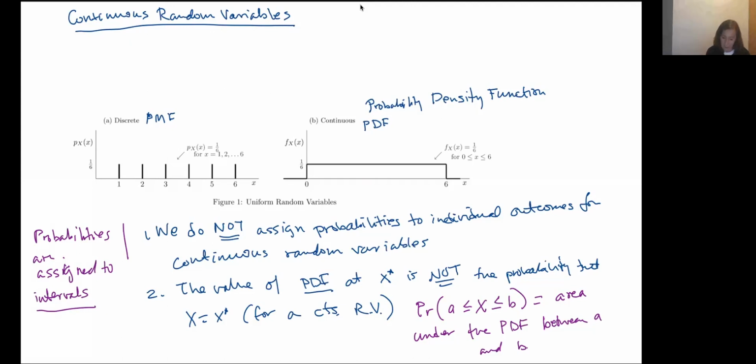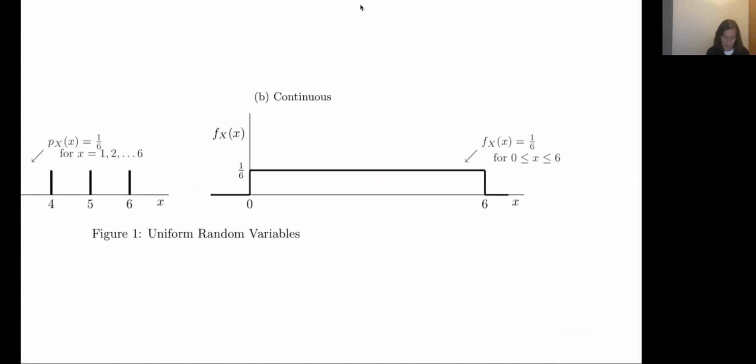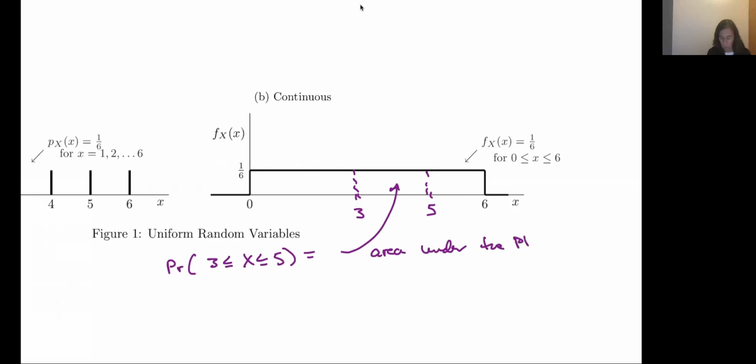I'll go ahead and go to the next page for that. Okay, so let's say I want the probability that x is between 3 and 5 here. And what I just wrote on the other board is that the probability that x is between 3 and 5 is just this area under the PDF.